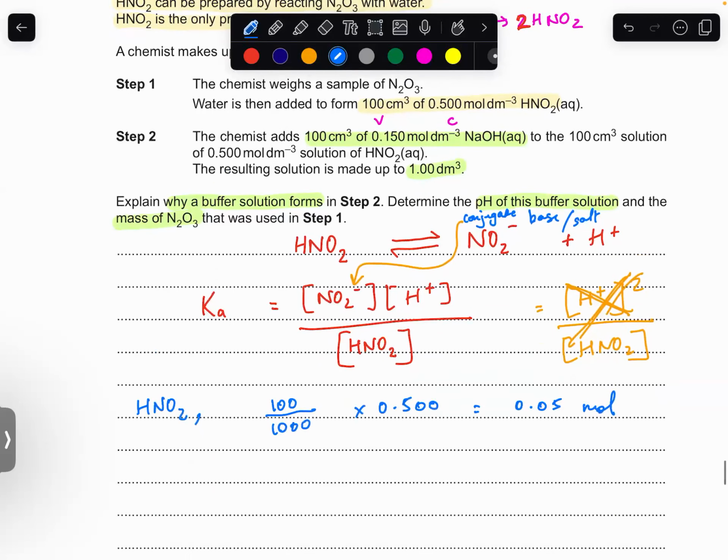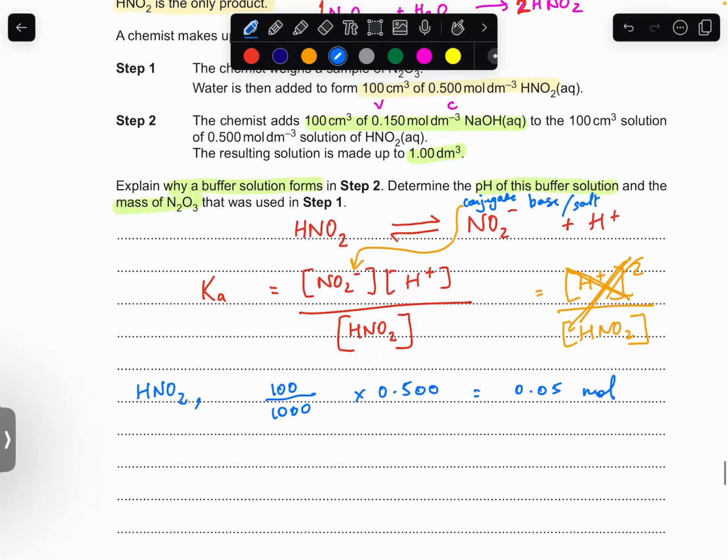Now, this is reacting with sodium hydroxide. You got the volume and concentration. You know, questions like this, if you get stuck and they give you volume and concentration of something, an easy mark is just multiply them together. Yep, after dividing it by 1,000. You know that's going to come in use somewhere. Sodium hydroxide is over here.